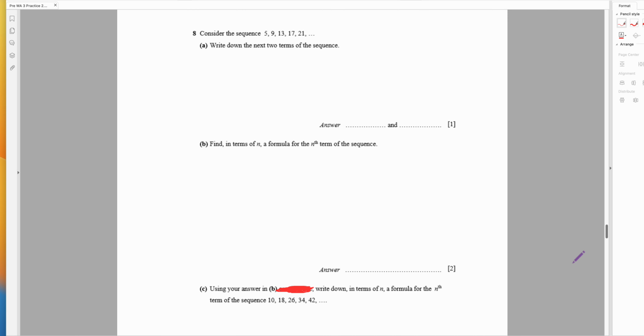Using your answer, write it down in terms of n, a formula for the nth term. So should I make a new formula for the C? You need to make use of the answer in B to derive a formula.